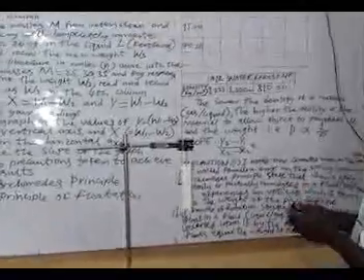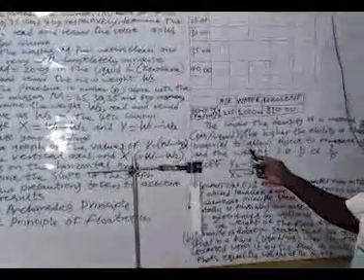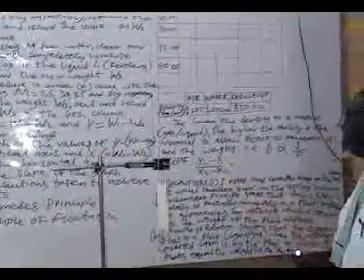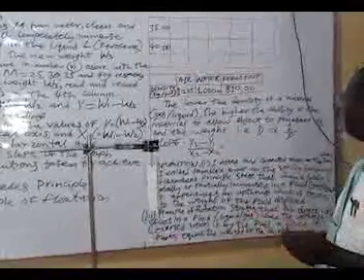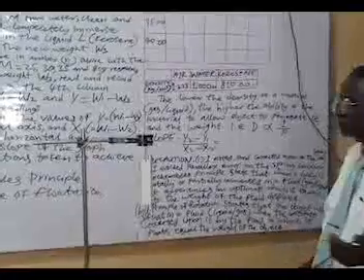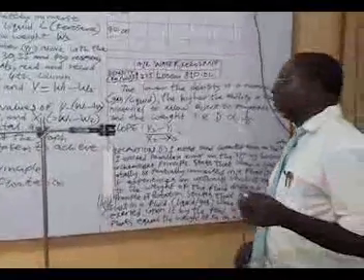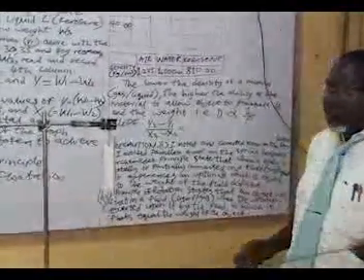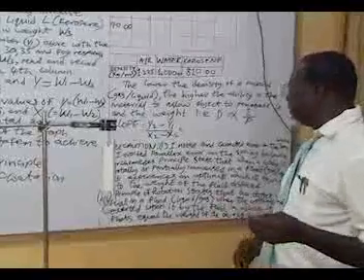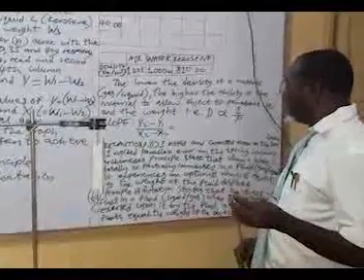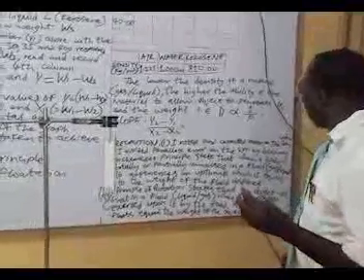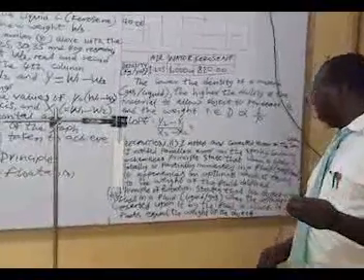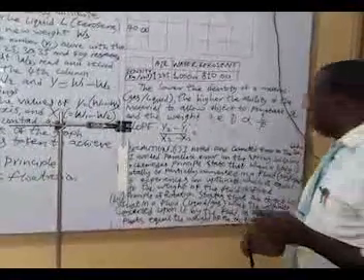The density of air is 1.225 kg per meter cube. The density of water is 1000 kg per meter cube. The density of kerosene is 810 kg per meter cube. And we must know that the lower the density of a material or fluid, the higher the ability of that material to allow an object to penetrate it, and the higher will be the weight.